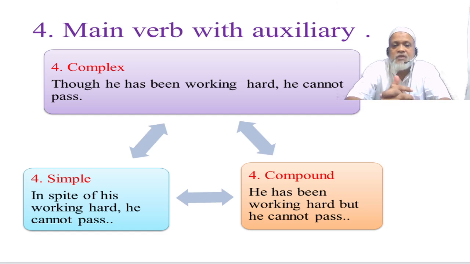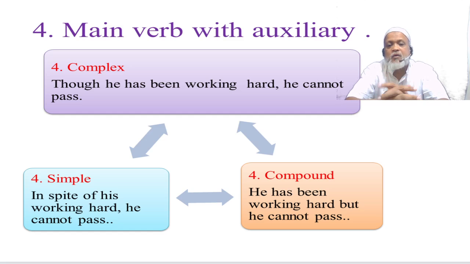Just after in spite of, you have to change your first subject into possessive, and if you find an auxiliary verb with the main verb, you consider only the main verb and make it into participle gerund, keeping all the other parts of the sentence unchanged, and you can make it simple.